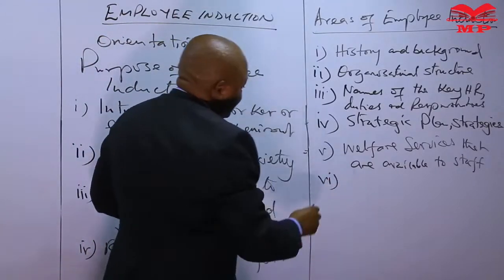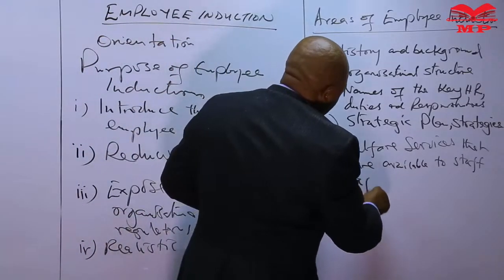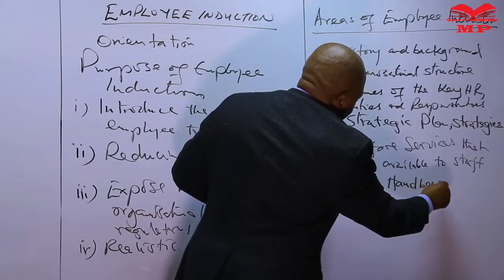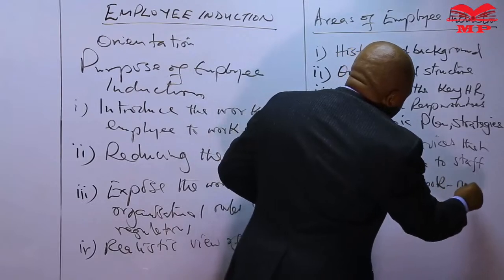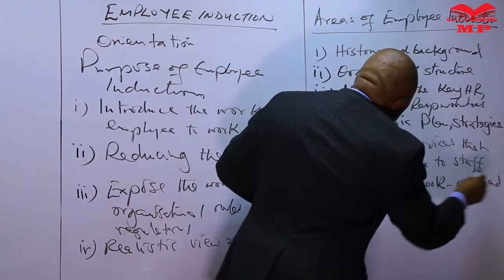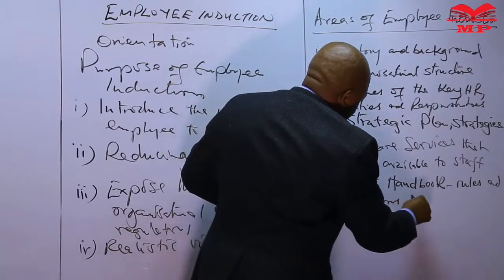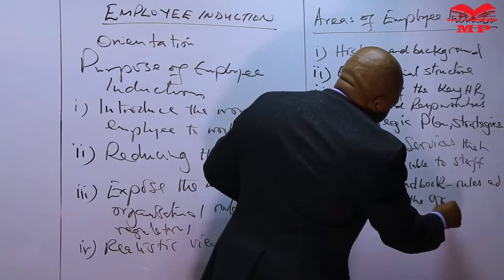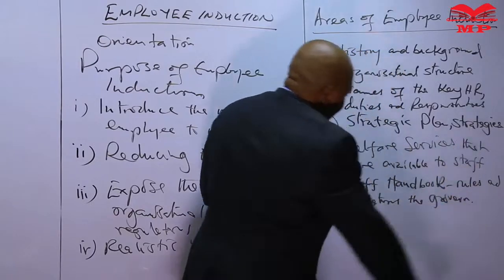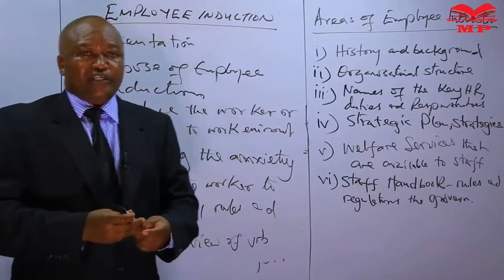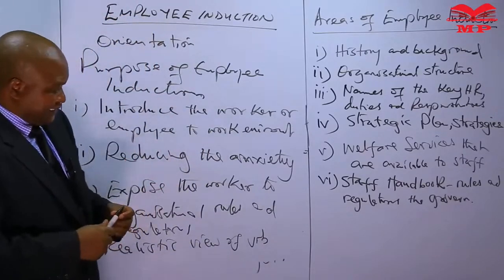Employees may also be oriented through the staff handbook that contains rules and regulations that govern the employment contract of that particular employee and other employees within that particular setting.